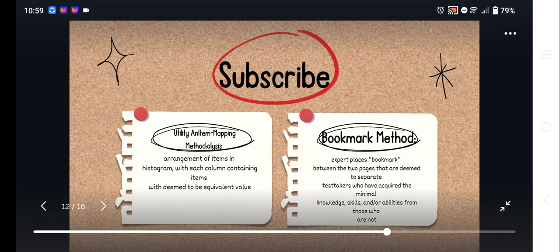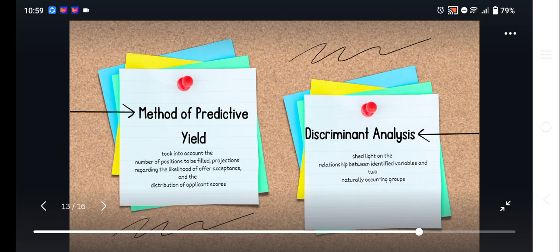Okay? The bookmark serves as the cut score. Okay? Get it? Kuha ba?